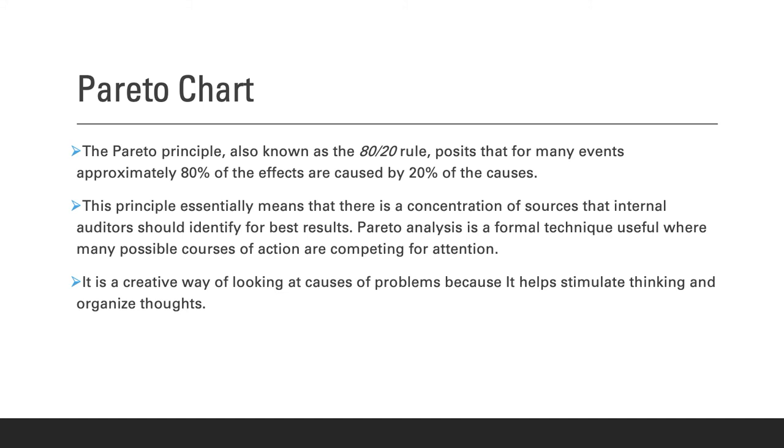Okay? The value of the Pareto principle for a project manager is that it reminds them to focus on 20% of the things that matter. Okay? Of the things you do during the project or the audit, only 20% are really important. Tulad nga ng nasabi natin kanina sa pagsasample natin. Those 20% produce 80% of your results.